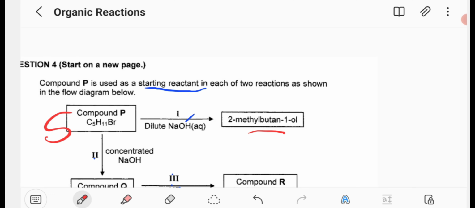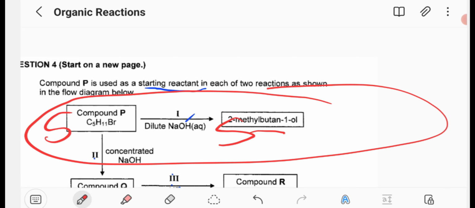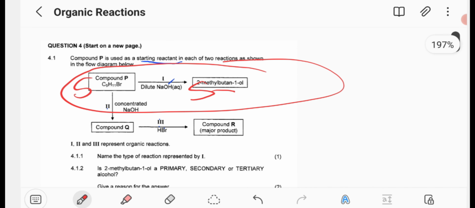You'll realize you only see single bonds between carbon atoms, so it's also saturated. So for reaction 1, we conclude SSS: substitution. This reaction is a substitution reaction.